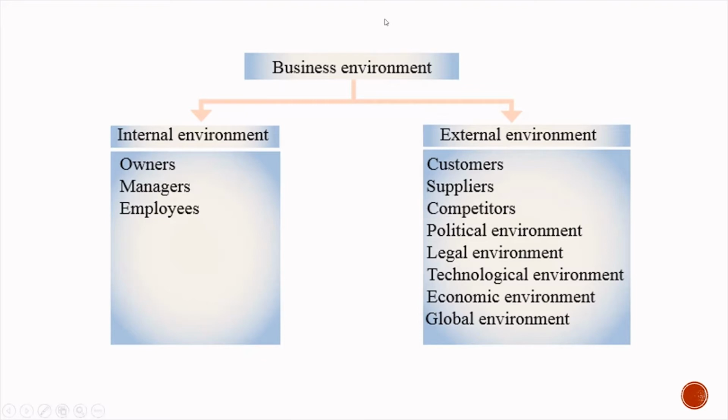While the external factors or forces are customers, suppliers, and competitors, and political environment, legal environment, technological environment, economic environment, and finally the global environment. We'll discuss all these things in a summary.